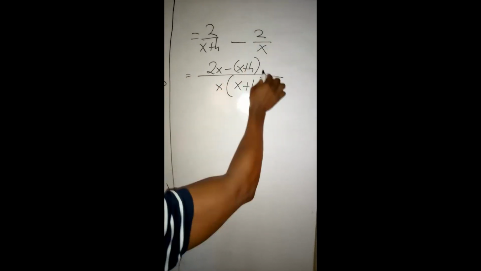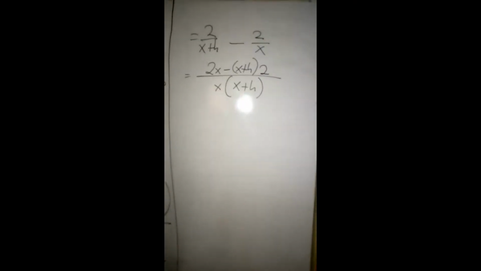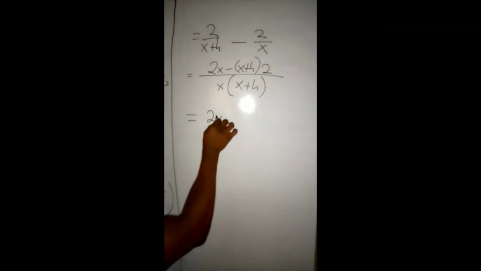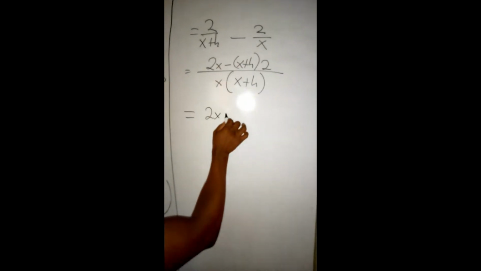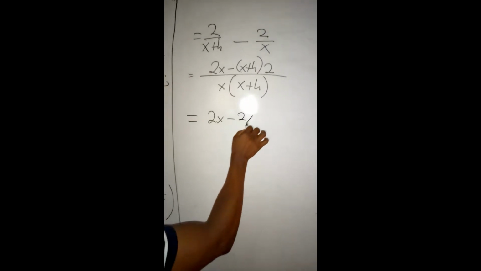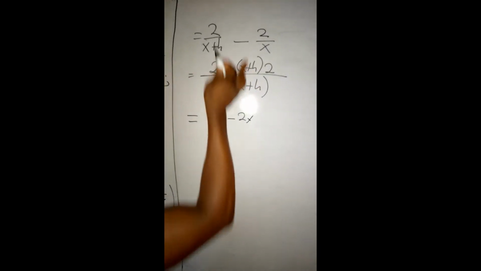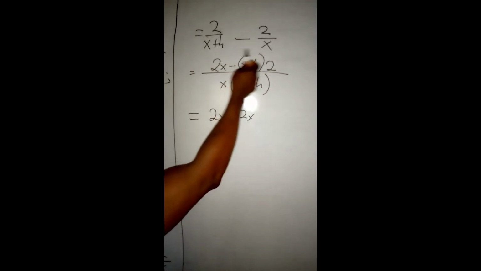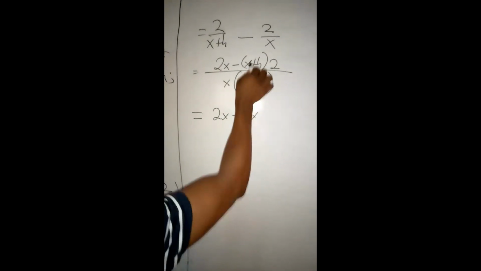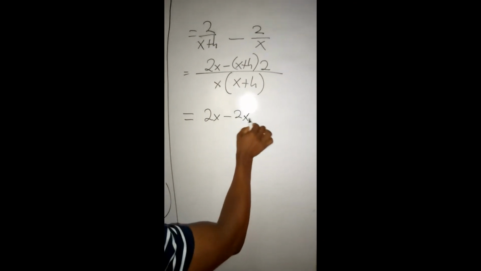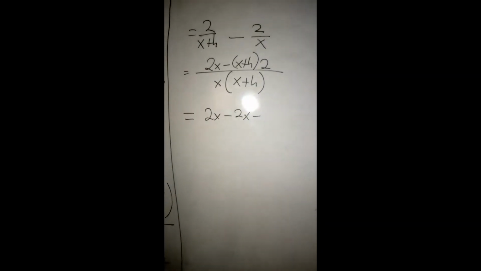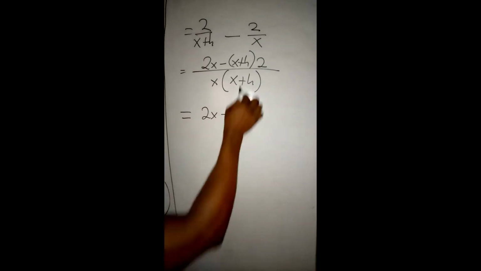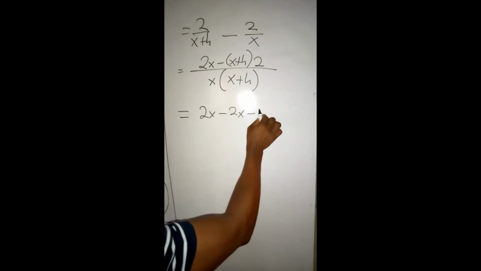So what we are going to do is to expand the top. So what you have will now be 2x. If you multiply this one, it becomes minus 2x. Because this is multiplying this, and when this also affects this, it becomes minus instead of plus, because minus times plus will give you minus. So it will now become minus 2h.